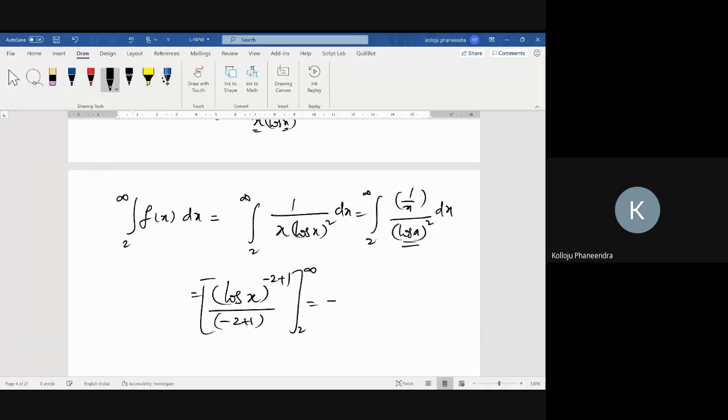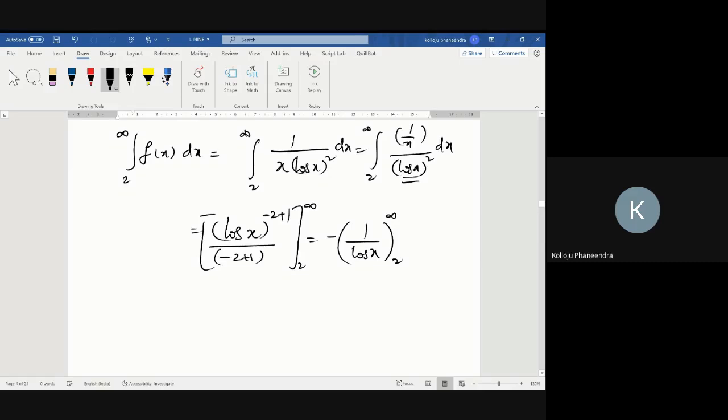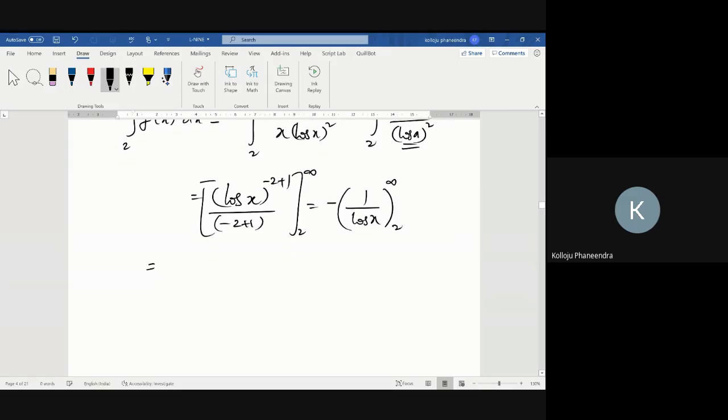So this is minus 1 by log x between 2 to infinity. That is equal to minus 1 by log infinity, that is 0, minus 1 by log 2. So 1 by log 2 is a finite value.